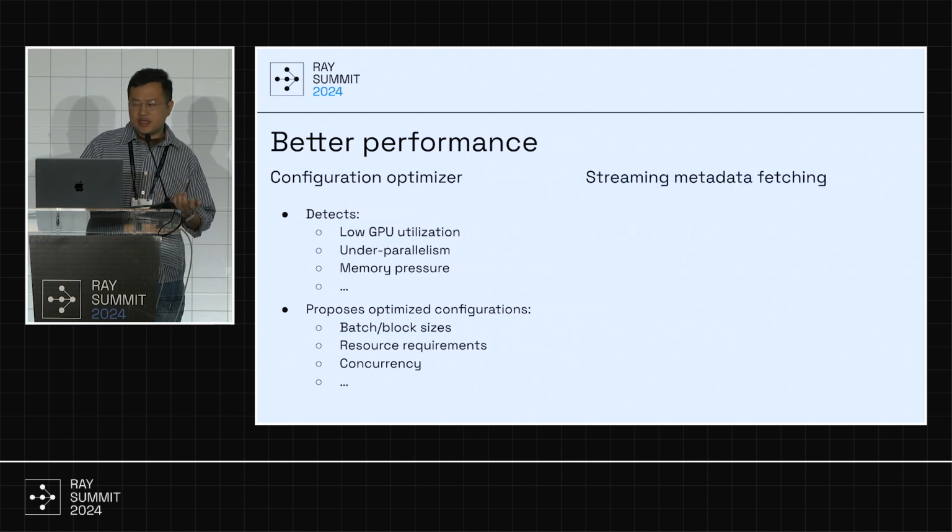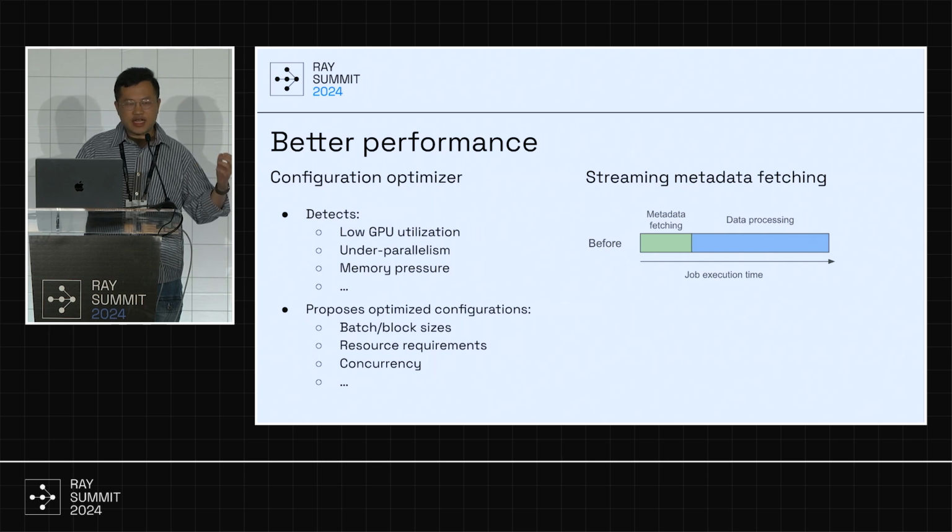Another issue in our observation is that when you have a huge dataset that consists of many small files, the metadata fetching stage can take significant time because it's blocking. This will usually slow down your development cycles and also cause resource waste.